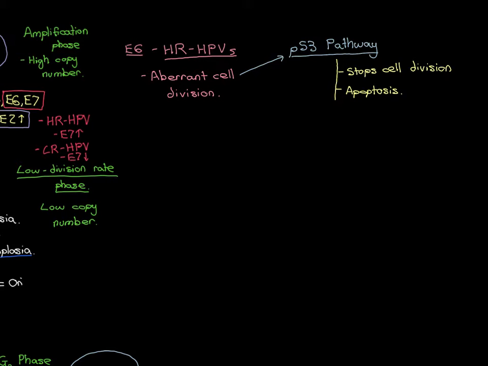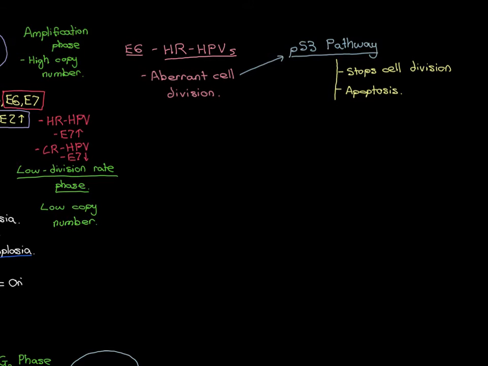It is the archetypal anti-cancer pathway that all cells have inside them, that is supposed to detect the possibility that the cell is becoming cancerous, and if so, stop that. Of course, it often goes wrong, and that's why cancer can form. And indeed, E6 protein is going to make it go wrong in this case.